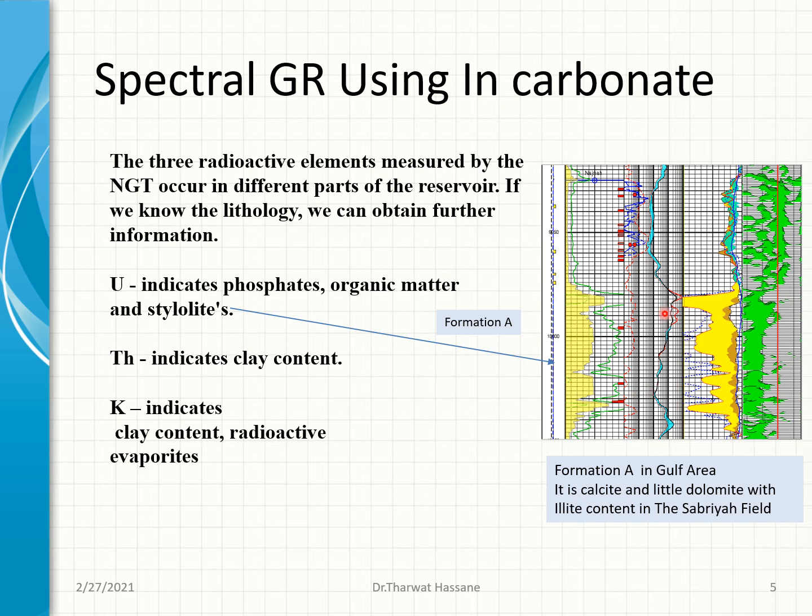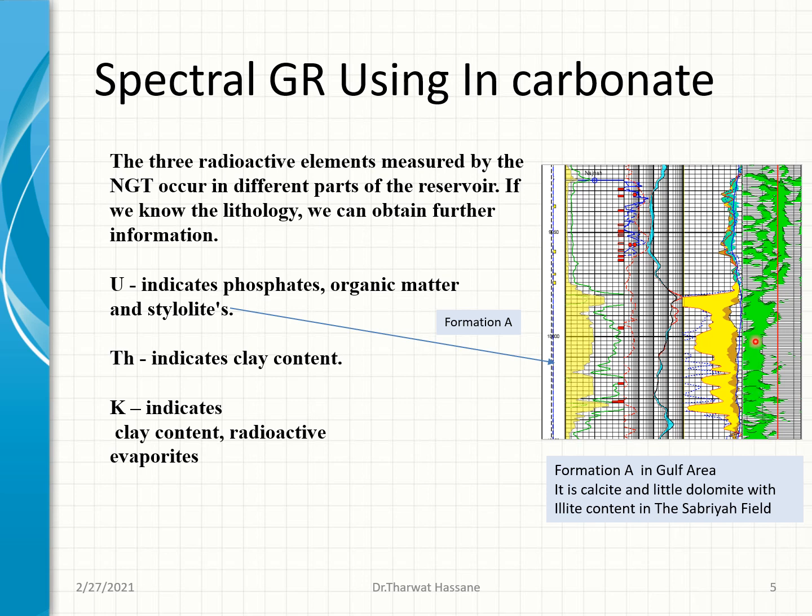This example is from the Gulf area, and this formation is clastics, and it has some rock eval analysis in terms of TOC and VR and S1, S2, which indicate this is a source rock of this reservoir. And here you can see the NMR tool.